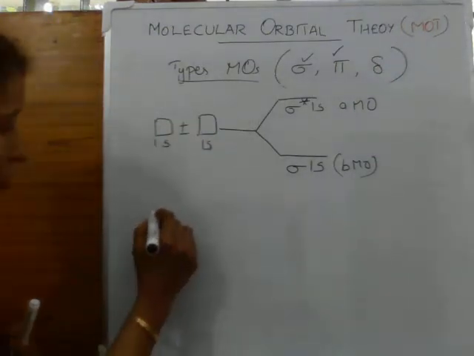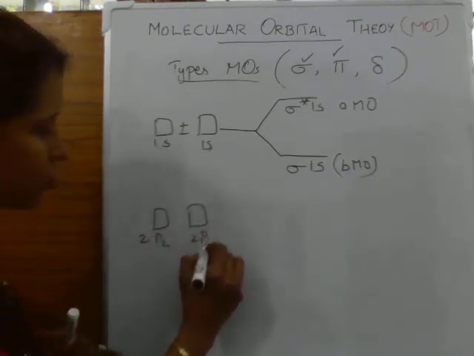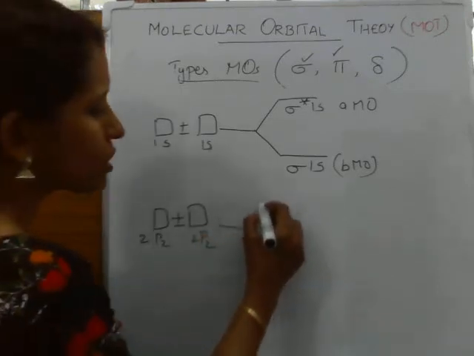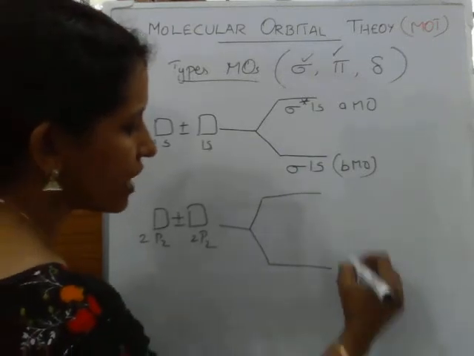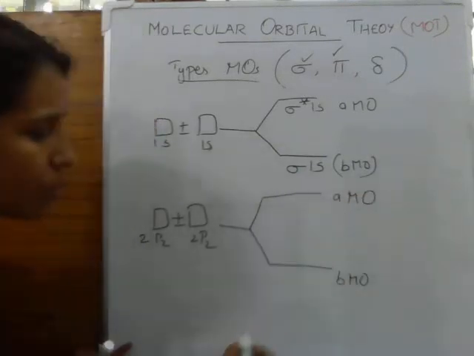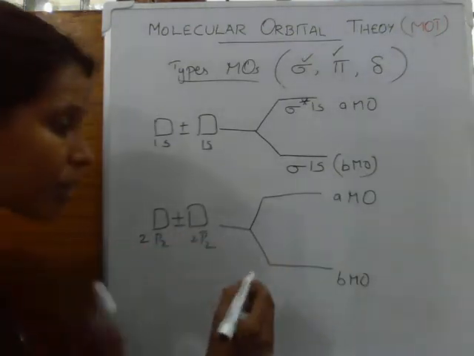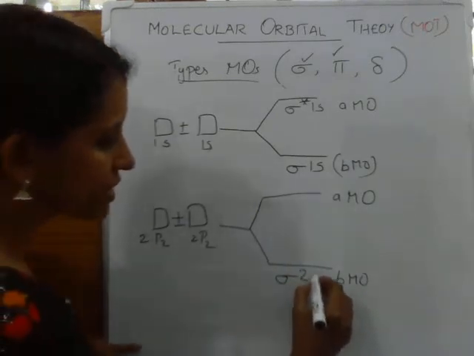Similarly, the combination of pz atomic orbitals, let it be 2pz, also results in 2 MOs. One is the bonding MO, the other is the anti-bonding MO. The bonding MO, how to write? Pz also results in sigma molecular orbital. So sigma 2pz.